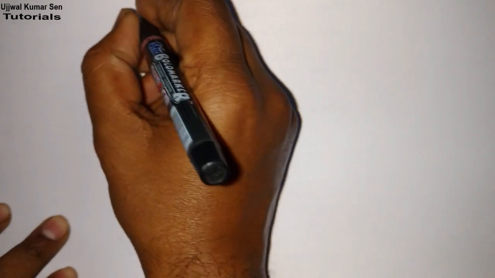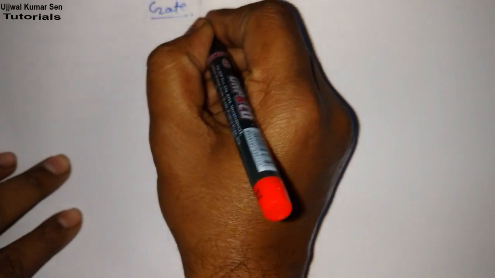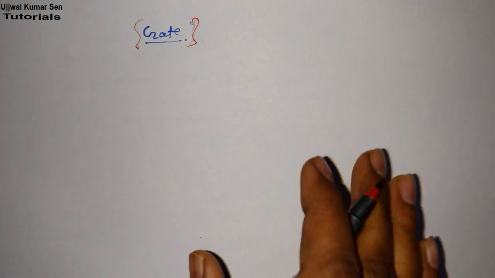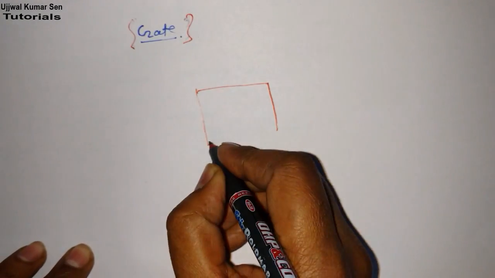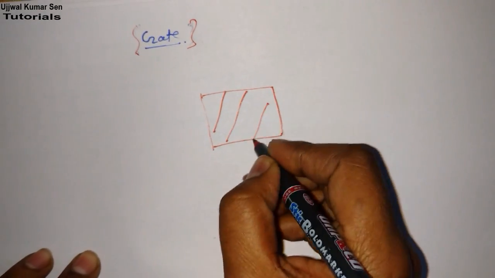So basically, what is a gate? Suppose we have a mold, and we have to cast this part.